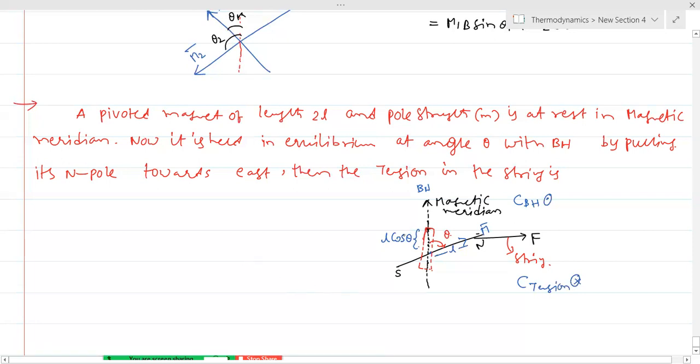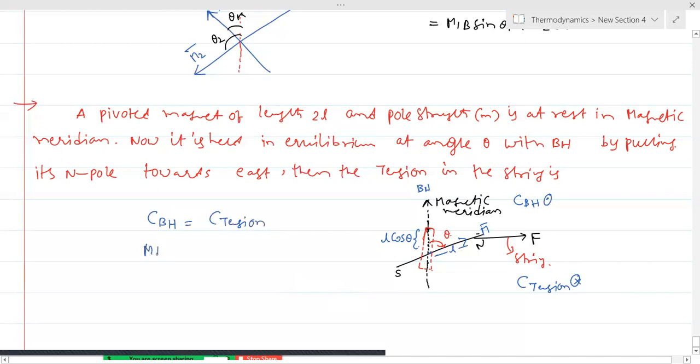When it is in equilibrium, both the couples are equal. Therefore, couple due to BH equals couple due to tension. So MBH into sin theta is equivalent to force into L cos theta.